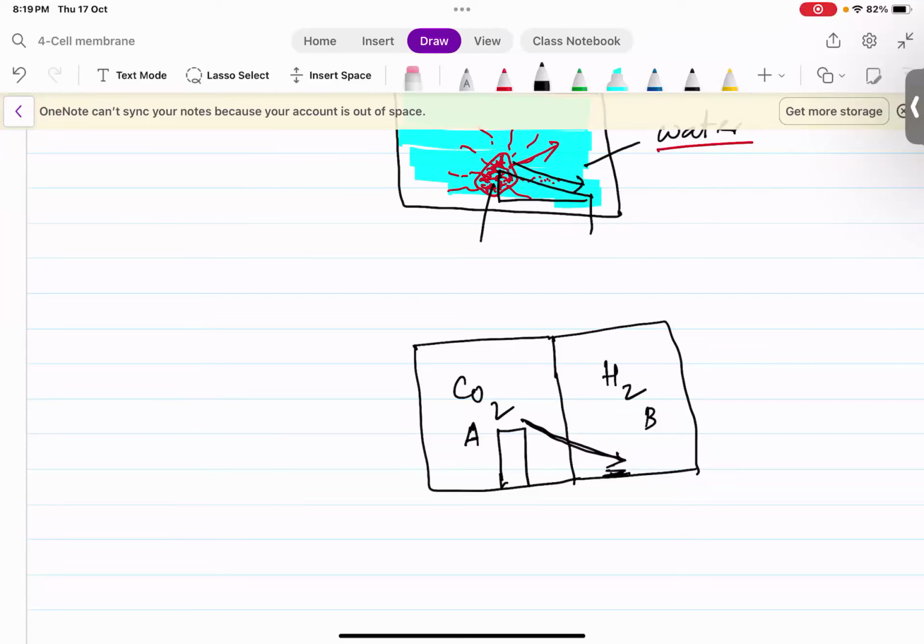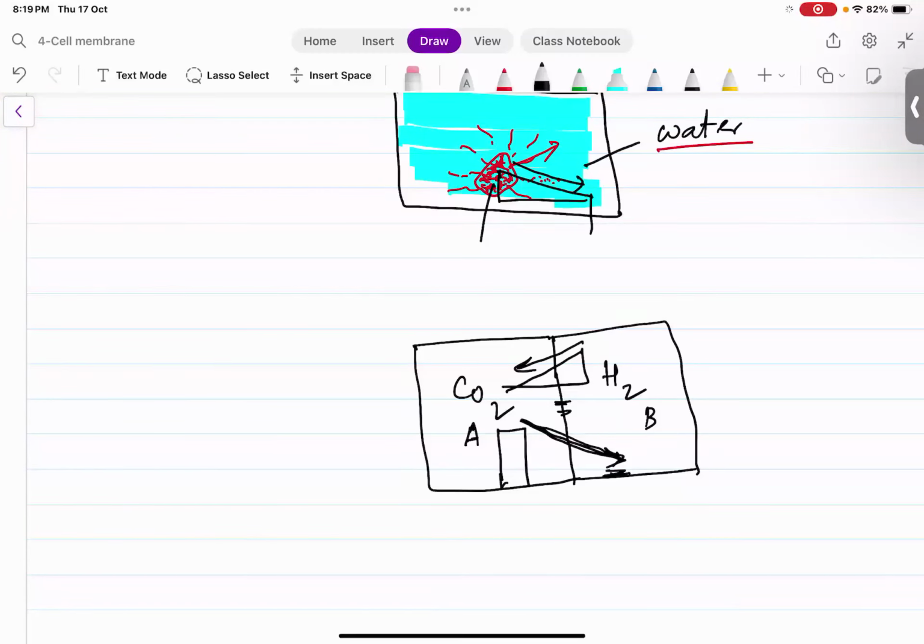And what happens to the hydrogen? Hydrogen concentration is higher in jar B and lower in jar A. So if a partition between these two jars is removed, the hydrogen will move from jar B to jar A until an equilibrium is established, until the concentration of hydrogen on both sides, in jar A and jar B, becomes the same. And similarly, carbon dioxide will continue to move from jar A to jar B until the concentration on both sides becomes constant.